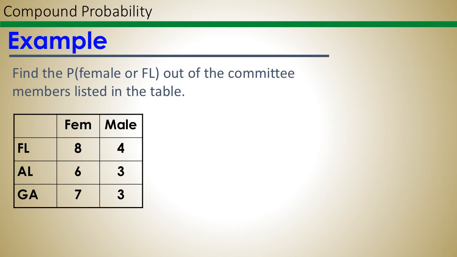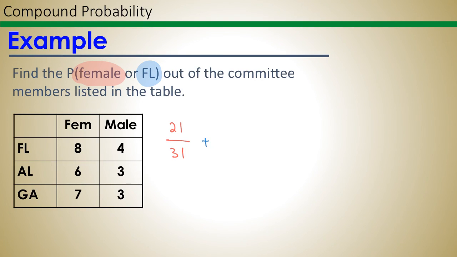One last example: the probability of getting a female or Florida out of the committee members listed in the table. First of all, the probability of someone being female in this table. There are, let's see, 8 plus 6 is 14, 21. There are 21 females listed here out of a total of 31 committee members. Then from Florida, again, or means add. There are 12 committee members that are from Florida.